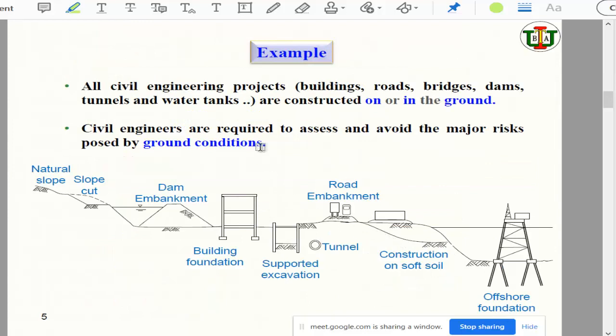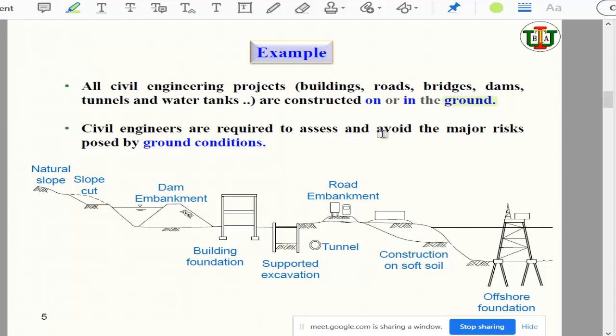Here you can see some regular examples: buildings, roads, bridges, dams, tunnels, or water tanks, whatever it is, are constructed either on or in. What does it mean? Either upon or inside the ground. So what is the essential part here? The ground. The ground is made of soil. So ultimately soil is the issue.